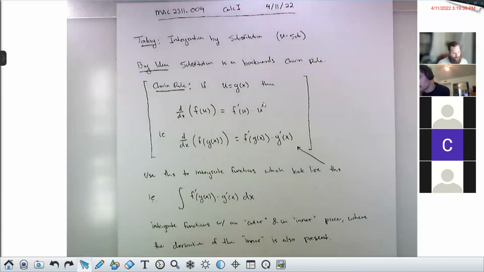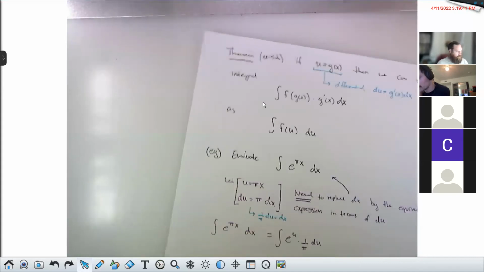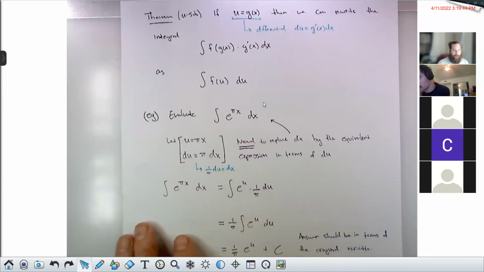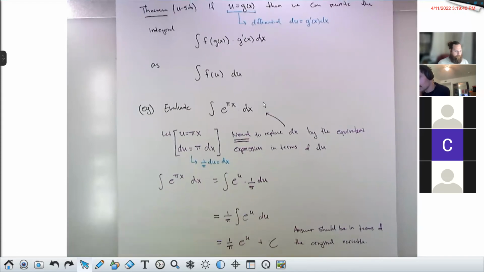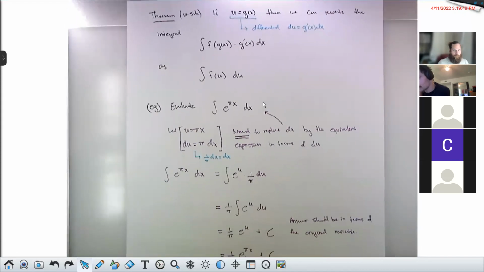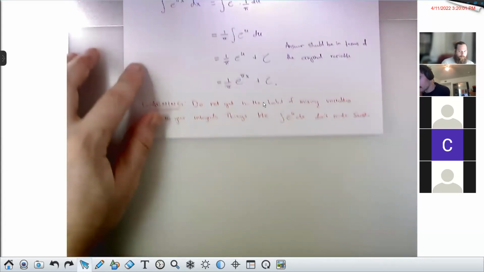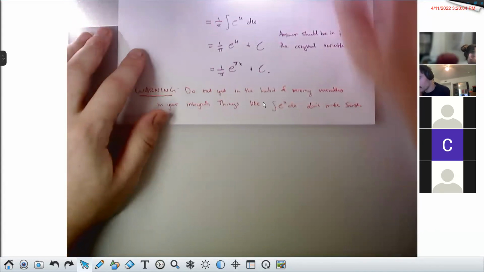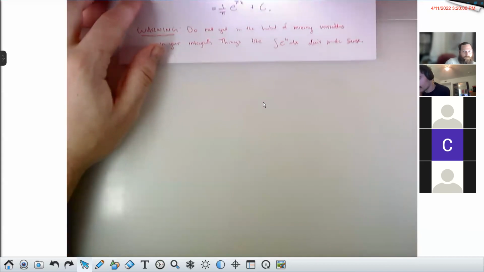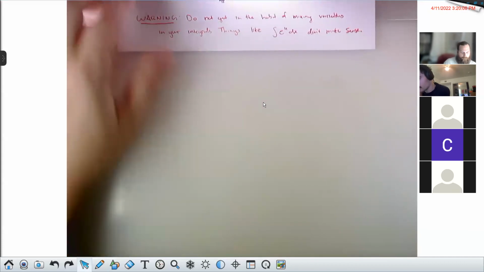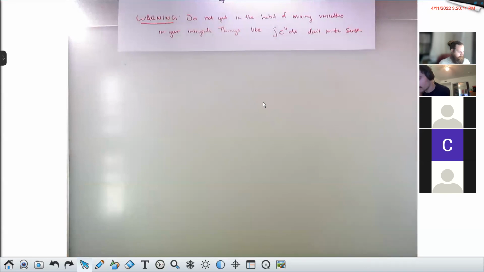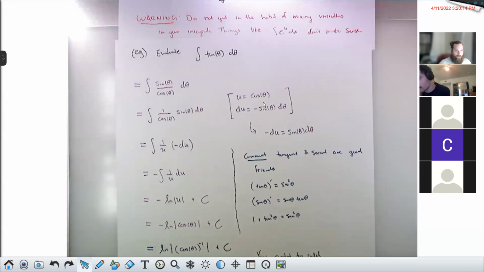Page 2 was just the reverse of this, yeah. So let's do it like this, and then there's a bit at the bottom here that you'll want. And then what is the next page?